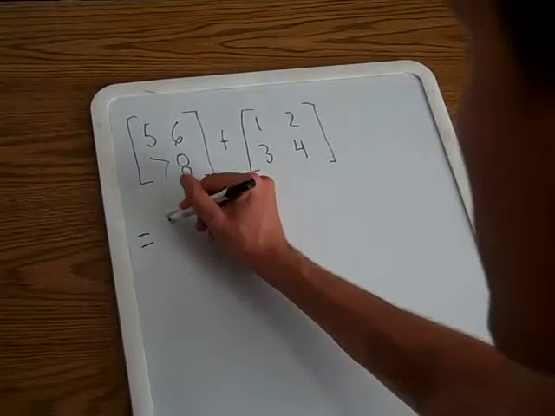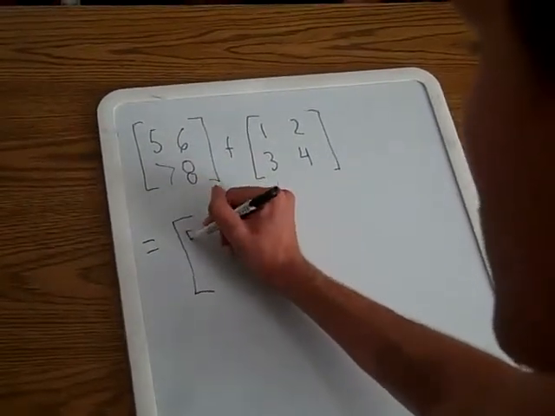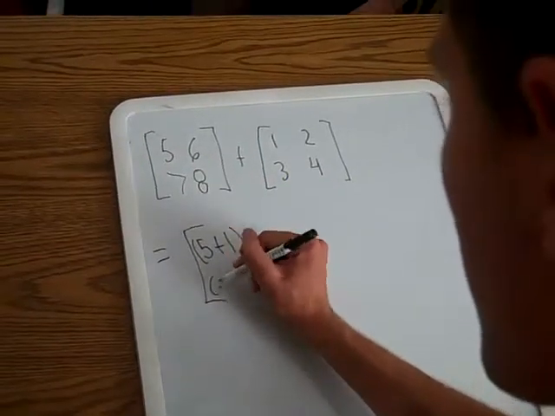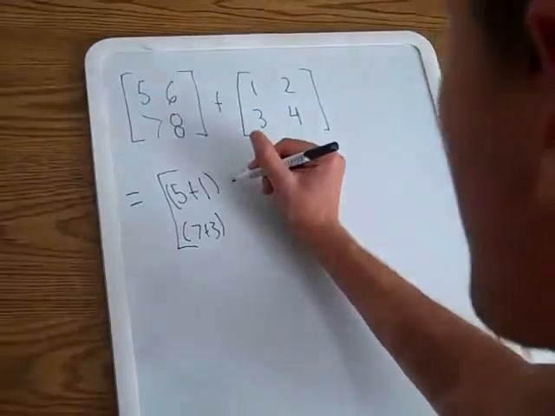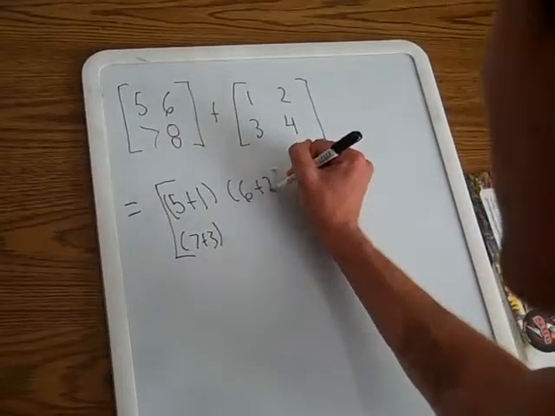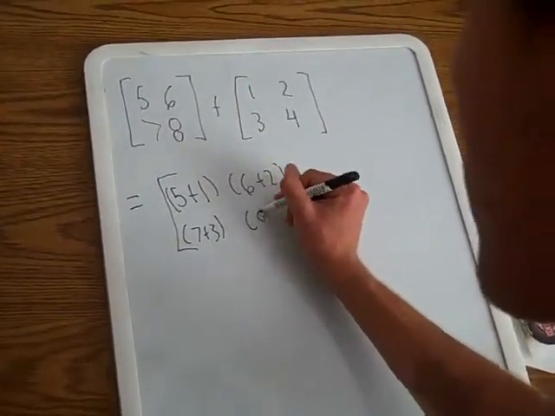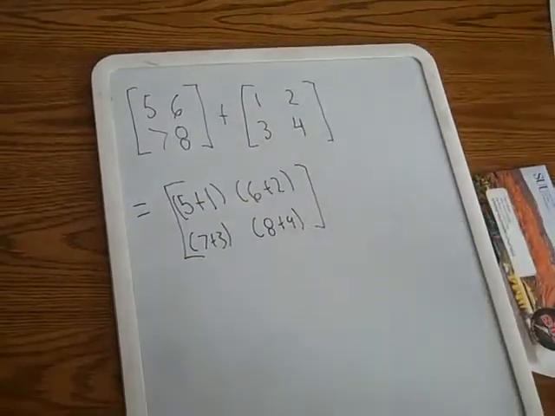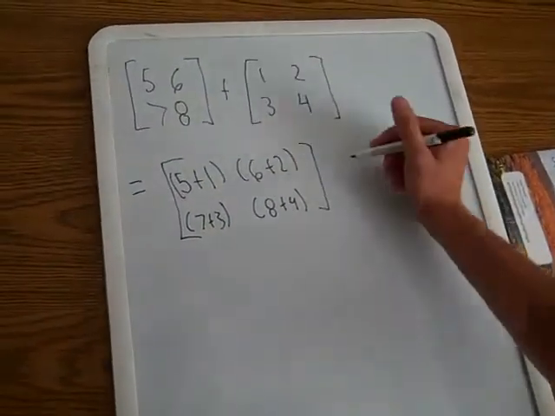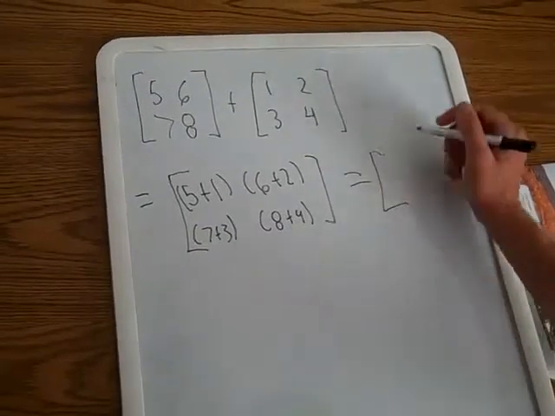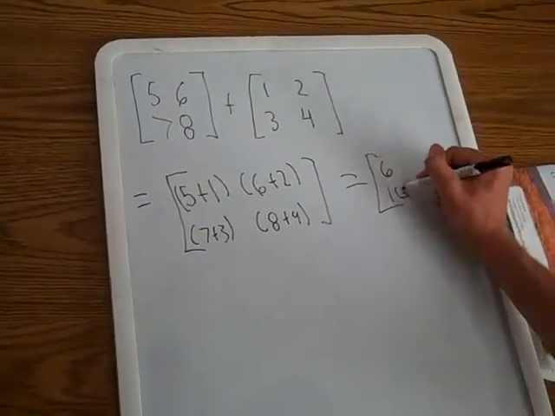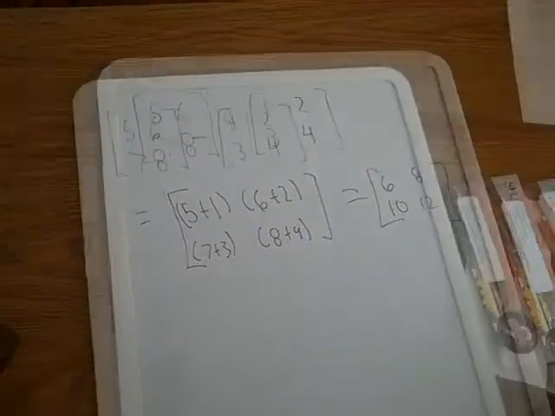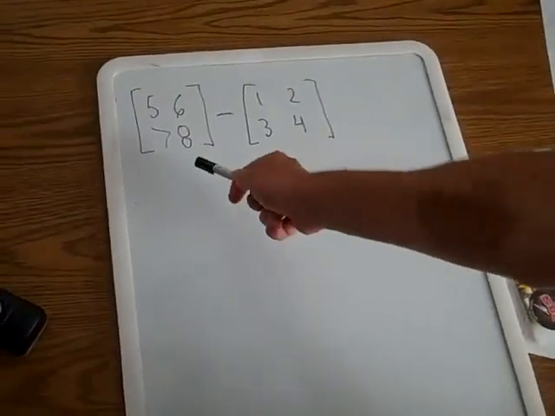So the matrices that you get is, as you can see, I added each number in the same position together, and the matrix that I come up with is this one right here.